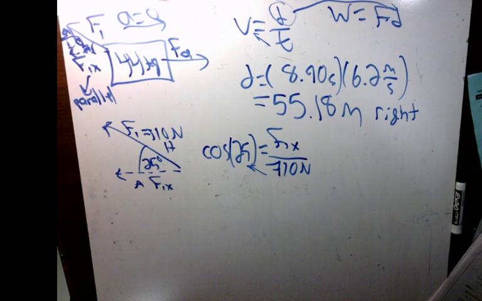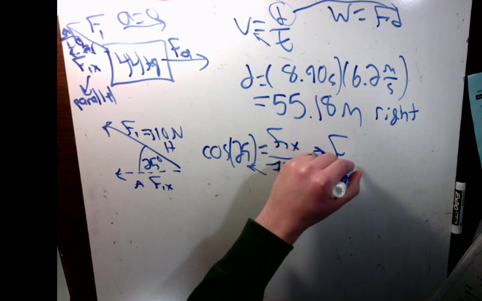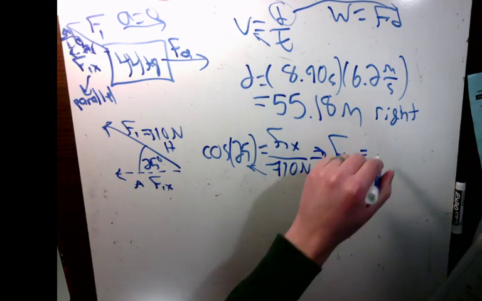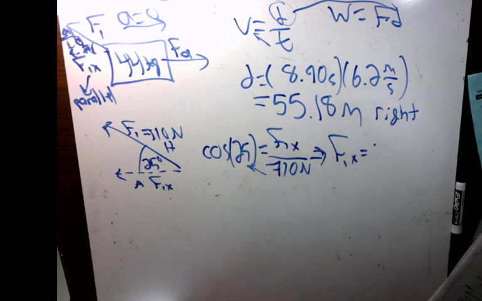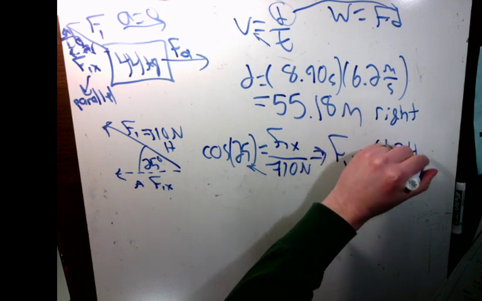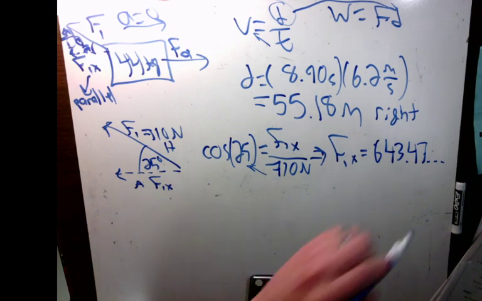Multiply our denominator to solve for F1x, and it'll come out as 710 cos 25. Sorry, I didn't calculate this one yet. 643.47 some change. I'll store that one in my calculator as A.